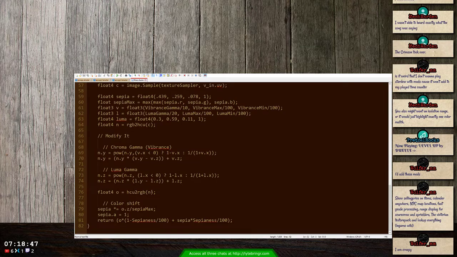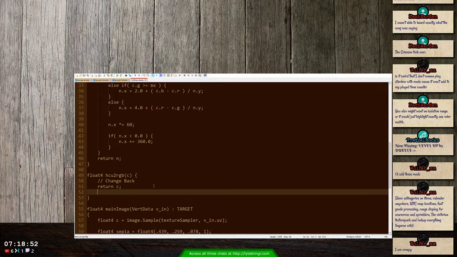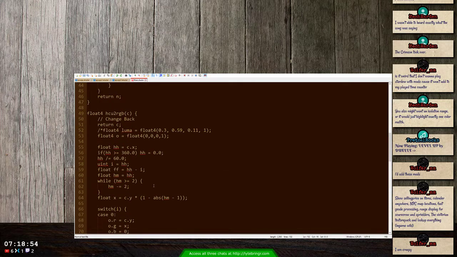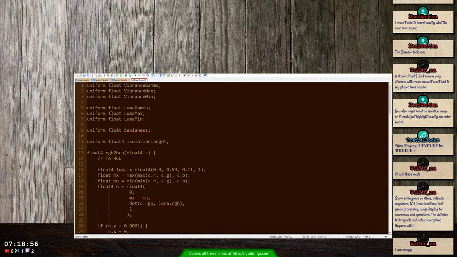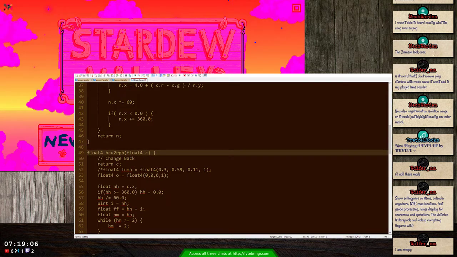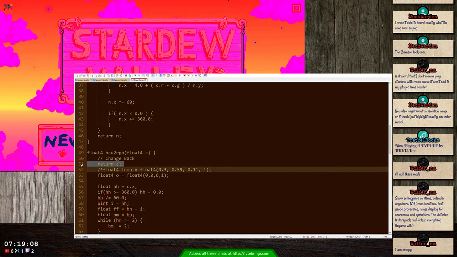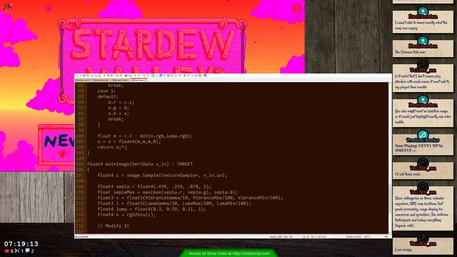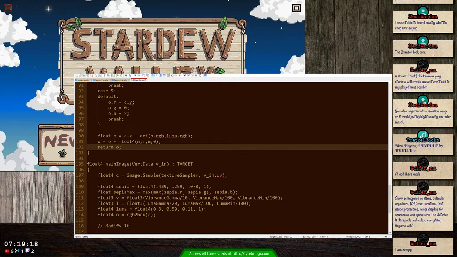HCU to RGB. HCU to RGB. I forgot to put in the type. Welcome to my nature. I am not a strongly typed programmer. That was really pretty, though. I am creepy.